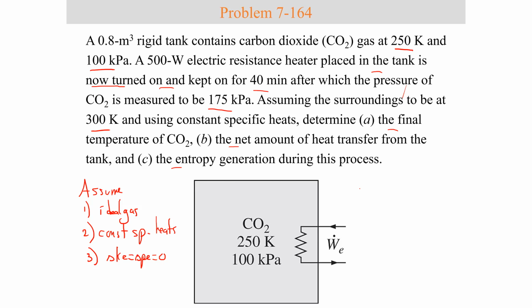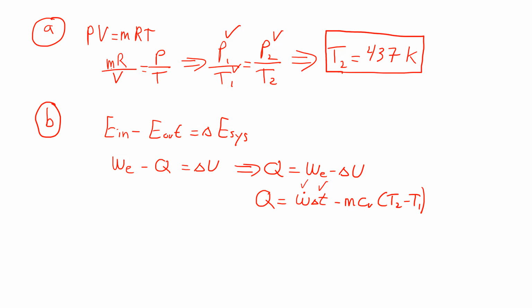We are not given the mass directly, so the mass can be computed using the ideal gas law. I'm given that the volume of the tank is 0.8 meters cubed, the initial temperature is 250 Kelvin, and the initial pressure is 100 kPa.